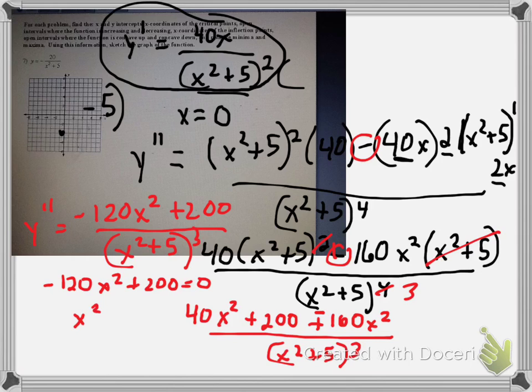So x squared equals 200 over 120. 20/12ths, divide both of them by 4, you get 5/3. So when you take the square root of that, you have to use the plus or minus value.